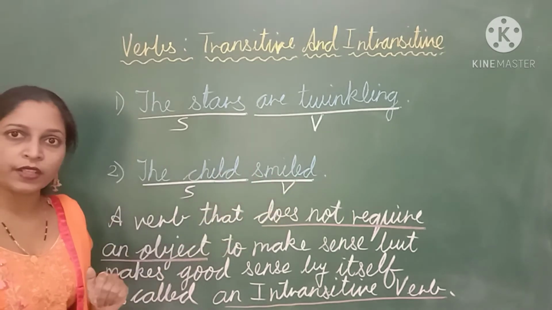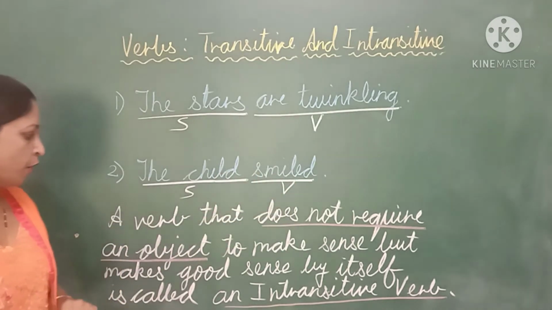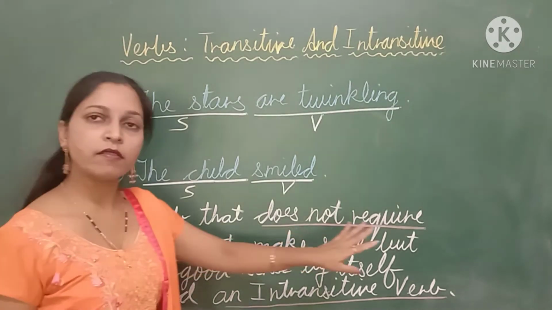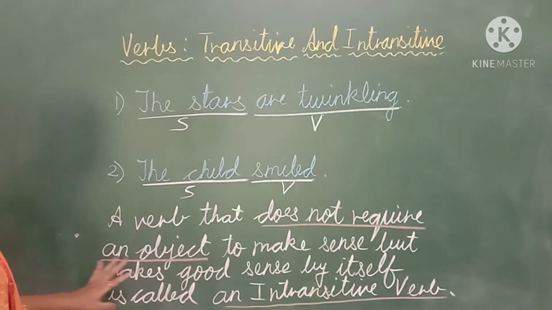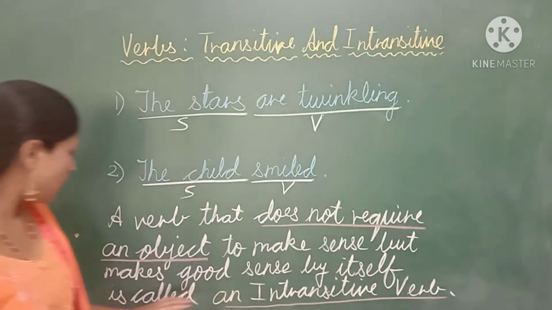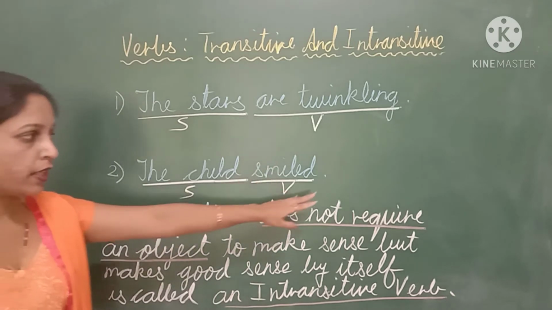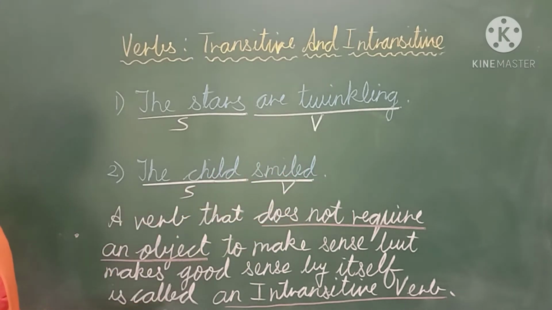There is no need of an object. So we can define an intransitive verb as a verb that does not require, keep this in mind, does not require an object to make sense, but makes good sense by itself. They do not need an object, but still they make sense. Such verbs are called intransitive verbs.